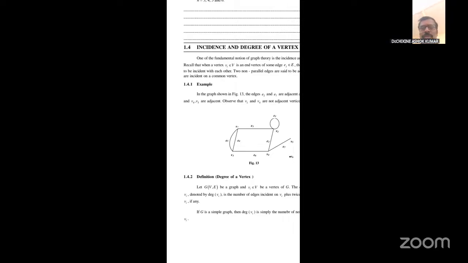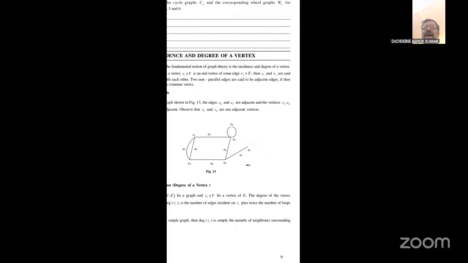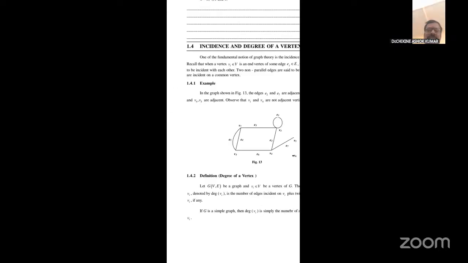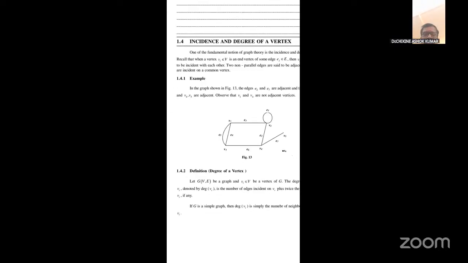Count the total number of edges on Vi, and whenever a loop is given, count it as 2 times. All these, plus the number of loops of Vi, is the degree of the vertex.